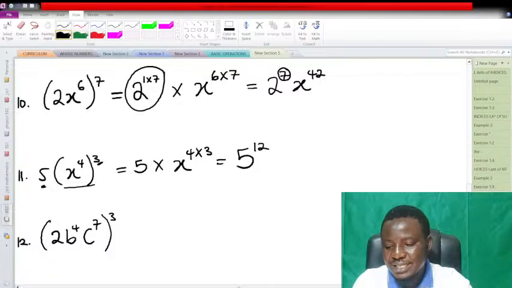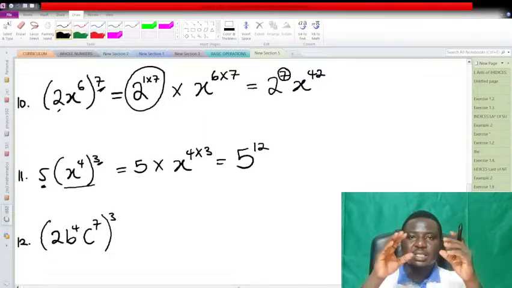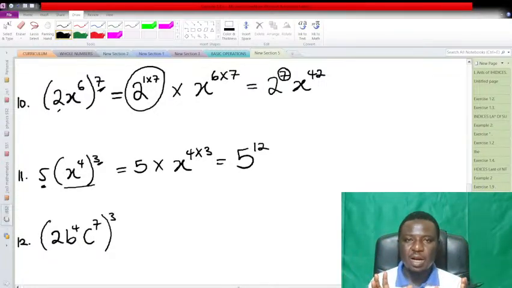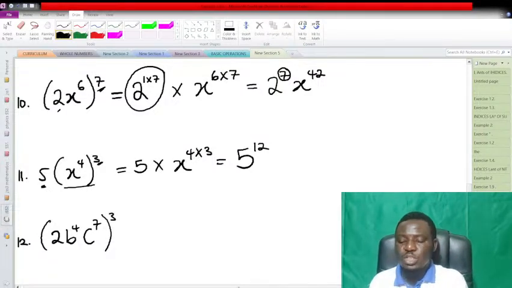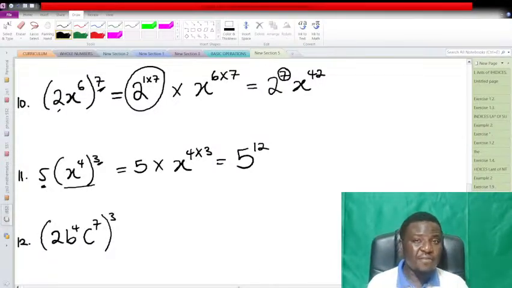Unlike in the first example, where I said the 7 also affects 2. Why? Because 2 is within that enclosed bracket. But in question 11, 5 is outside of the bracket. So 5 will not be cubed. I hope you got that.